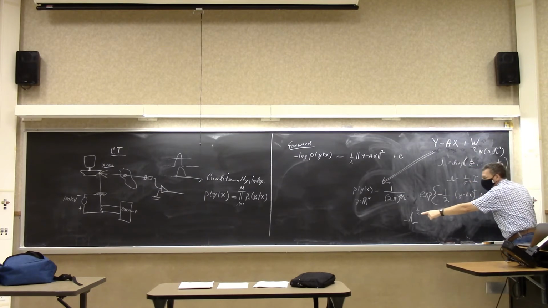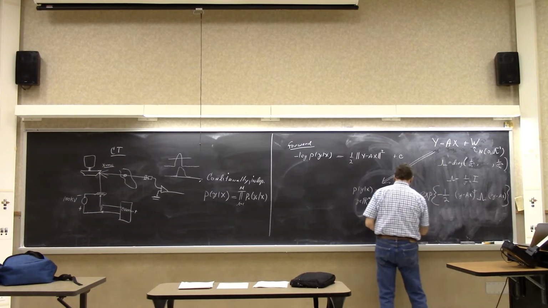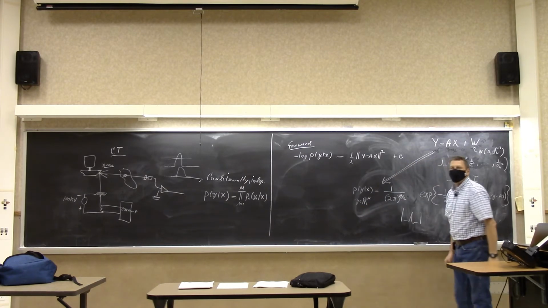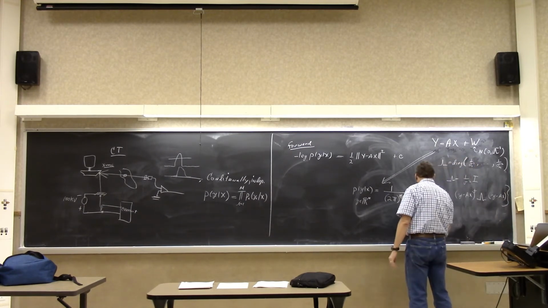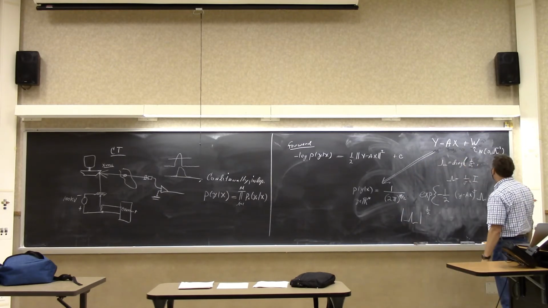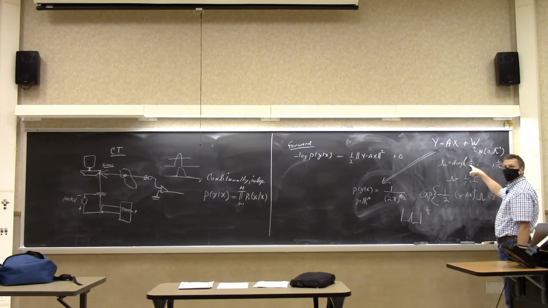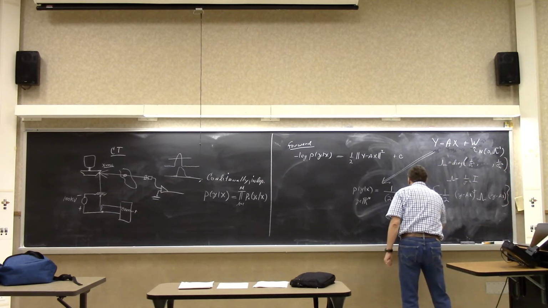So I have to take a square root, because this has got to be a determinant. I have to take the square root in the scalar case, so I take a square root. Now the question is, do I multiply or divide? Well, the elements of this lambda are 1 over sigma squared. So here I just multiply. So that's the answer.